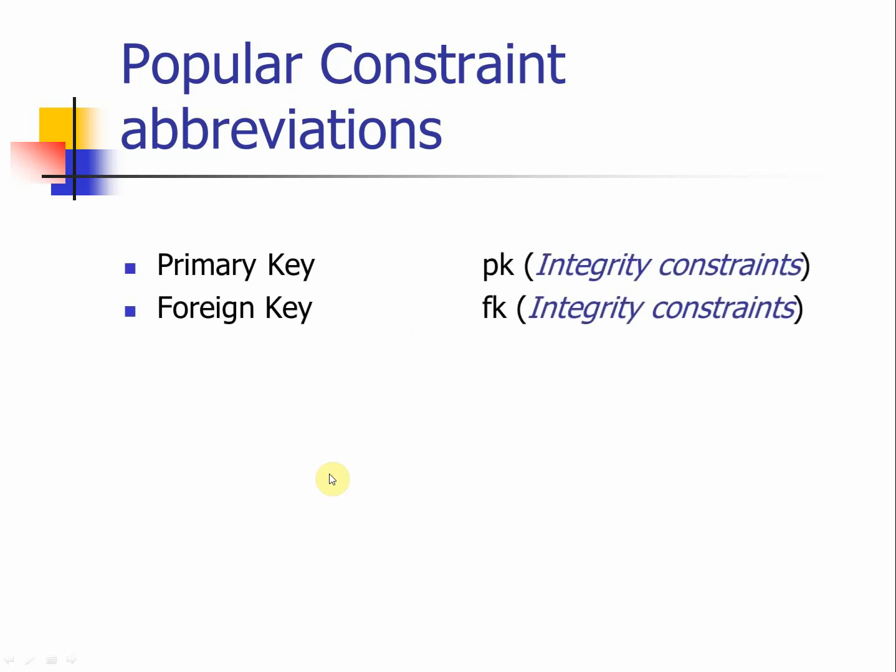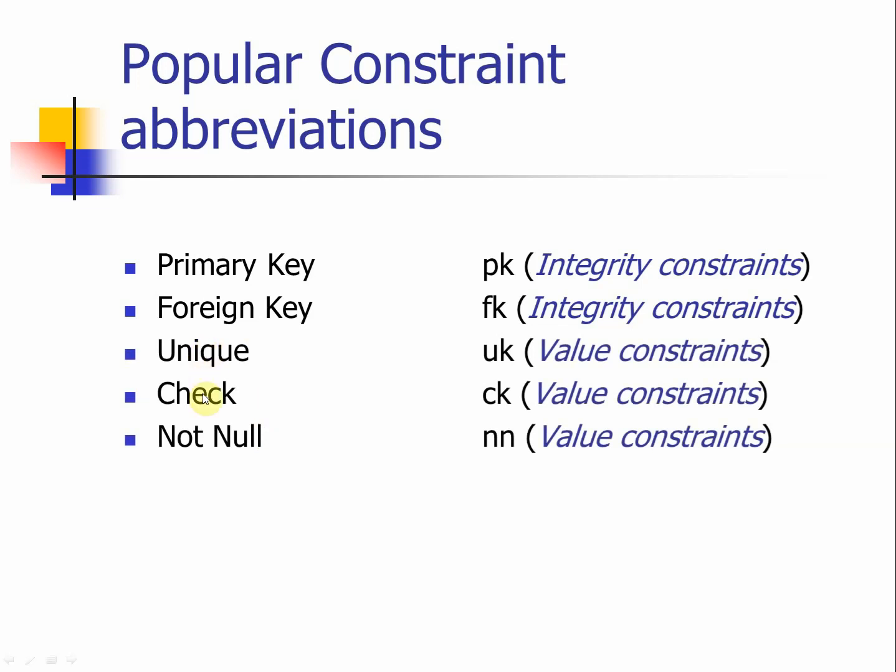Therefore, you can see that the primary key and foreign key are considered integrity constraints.